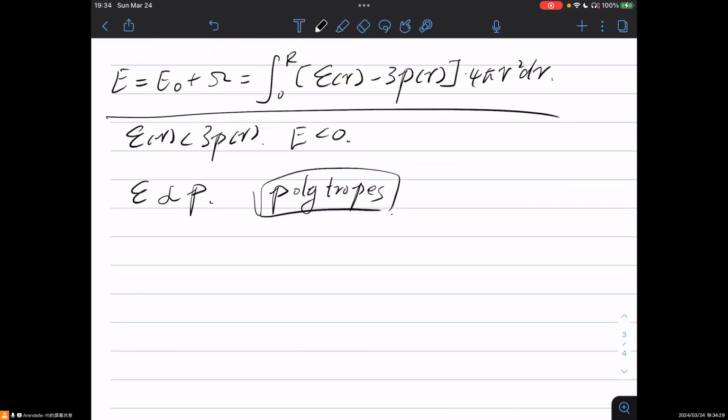In this case, we denote this relation as epsilon equals p over gamma minus 1.